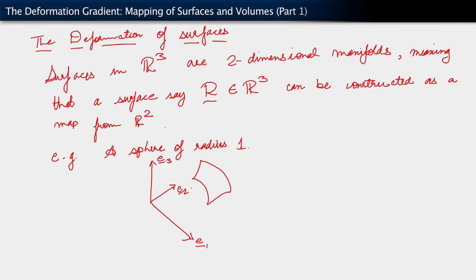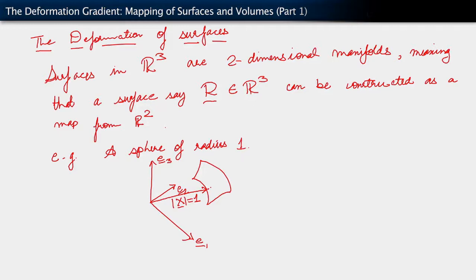All right. Now, when we talk of constructing this little patch as a map from 2 dimensions, what we have in mind is the following. So, I'm going to draw here our radius vector. That radius vector has magnitude 1, so the magnitude of that vector is equal to 1 for any point out here on the surface.